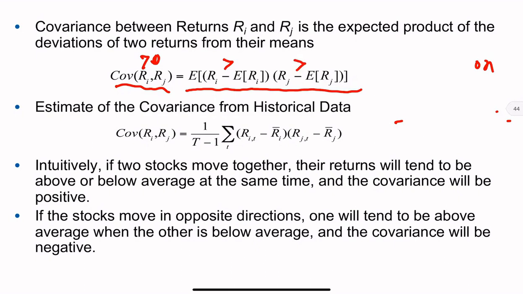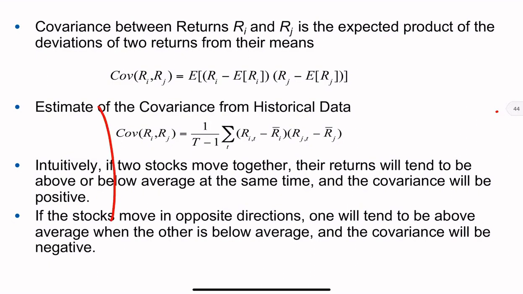This implies that whenever Rj is over its average, then Ri is also over its average. This tells you that they tend to move together, right? So that's the explanation, the intuition here. Of course, I know most likely you guys have learned about the definition of covariance, so this should not be hard. The only difference is here we are focusing on returns, right?